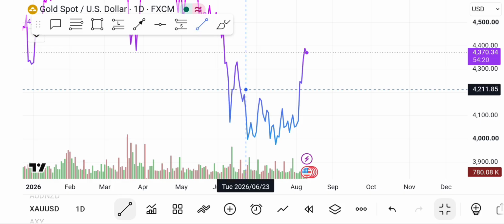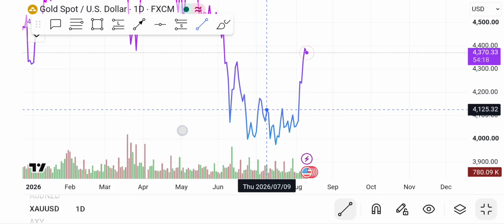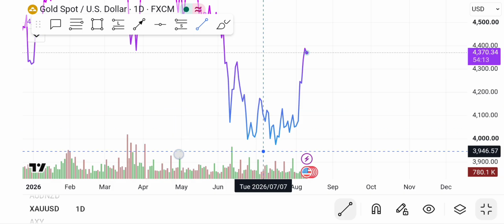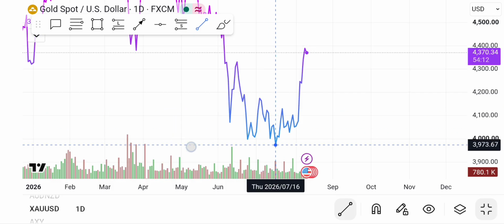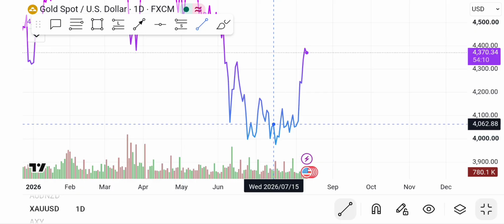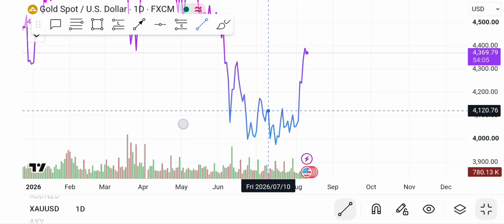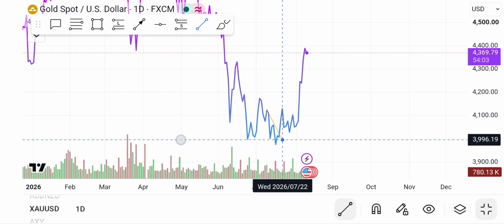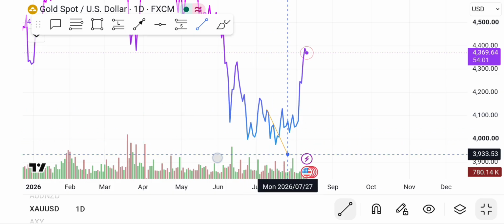First thing is I want to locate the previous trend line. How I locate the previous trend line is starting from the bottom here. This is a previous low, high, low, high. Connect the two. Connecting the two, there's a break.